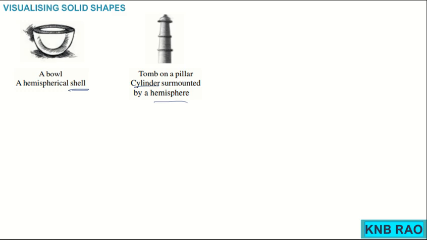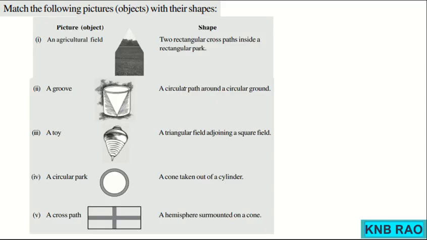Now children, based on this I am taking one more exercise. Children, here I am giving the exercise of matching the following pictures with their respective shapes. First, watch here, the picture, that is the object, an agriculture field.